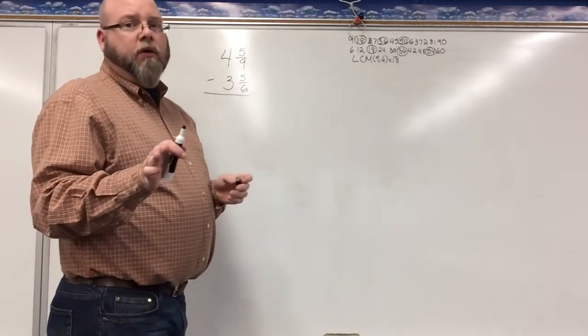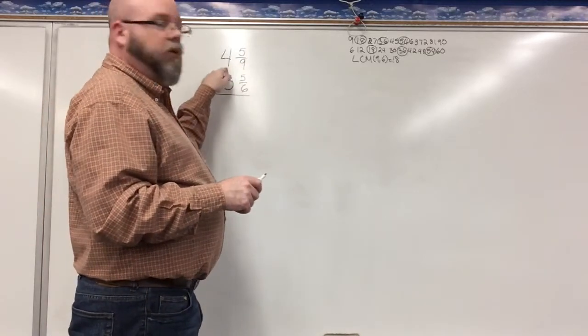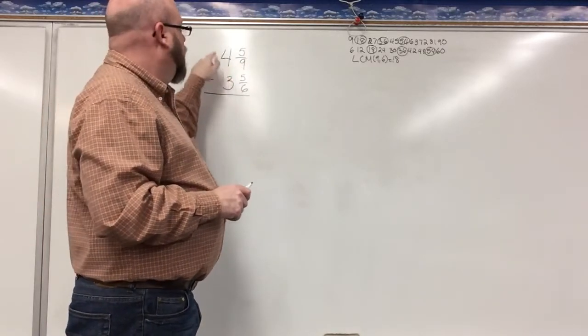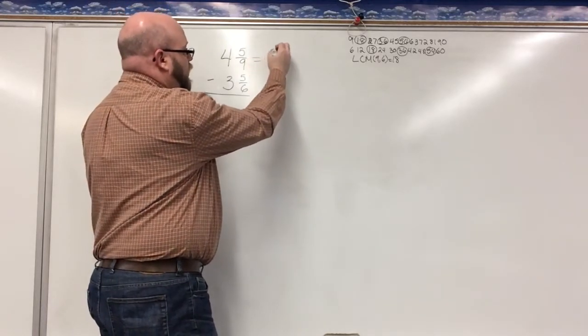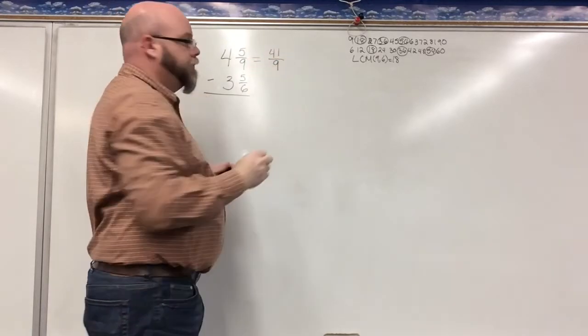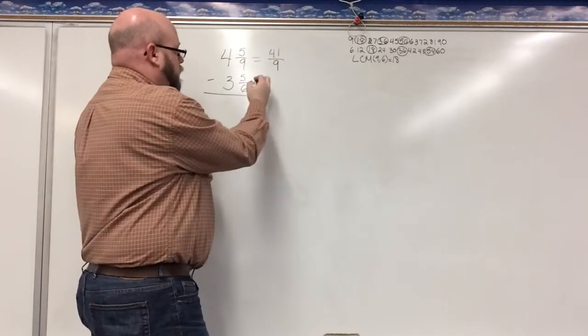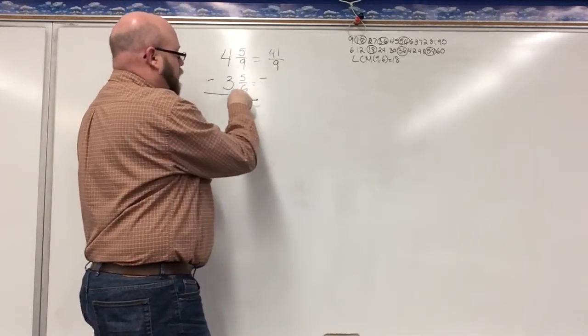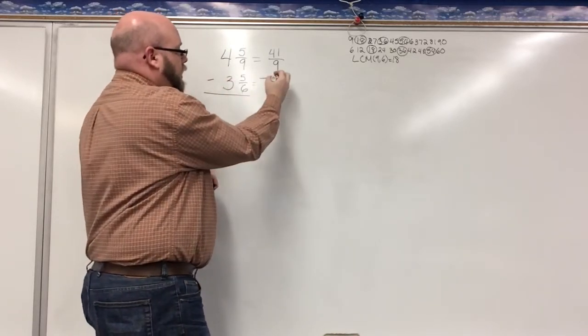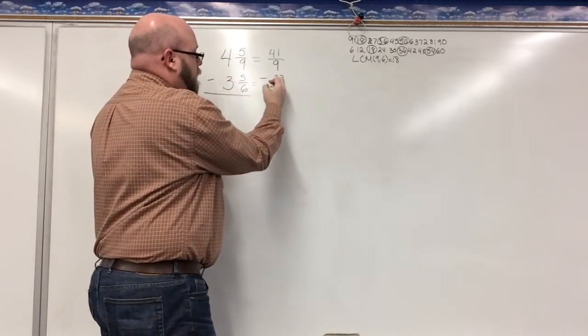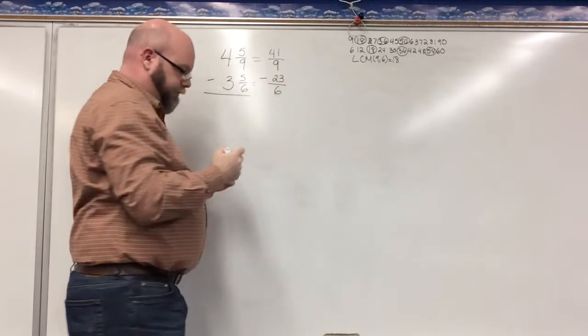Using that idea that we've already done, we multiply. 4 times 9 is 36, plus 5 would be 41. So we have 41 over 9, minus 6 times 3 is 18, plus 5 would be 23, minus 23 over 6.